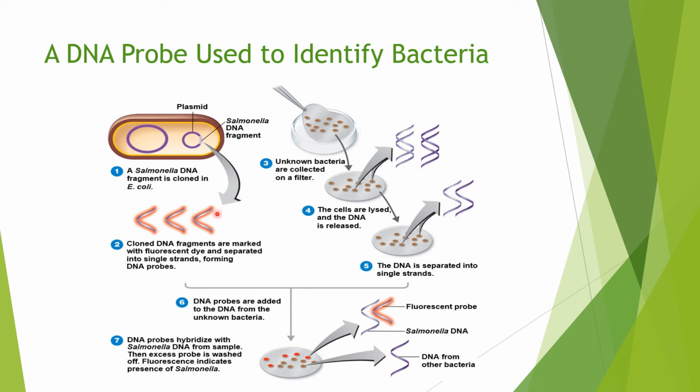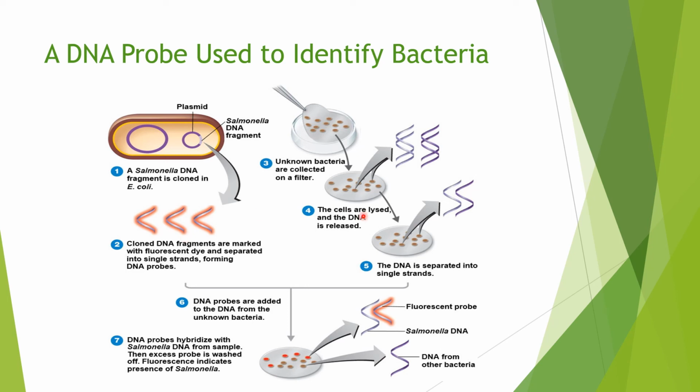You can insert it into another bacteria, and as the bacteria is growing, it's going to clone that piece of DNA for you. And then what we usually do is we extract the cloned DNA fragments that we have, and we mark them with fluorescent dye. So now those DNA probes are fluorescing.